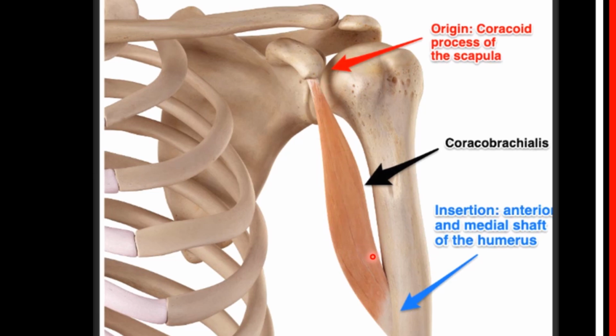So coracobrachialis alongside the short head of biceps brachii will pick origin from this tip of the coracoid process, and the muscle will move towards the medial part of the arm and will insert in this part of the shaft of humerus, which is the medial aspect of the shaft of humerus. So here at the tip of coracoid process is the origin, and here at the medial aspect of the shaft of humerus is the insertion of this muscle.